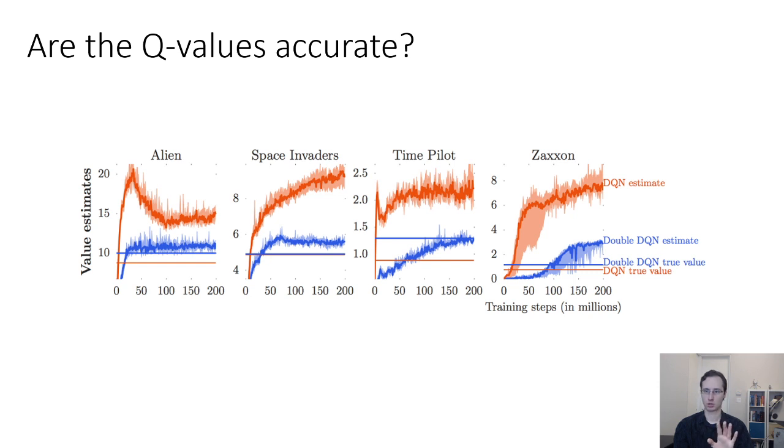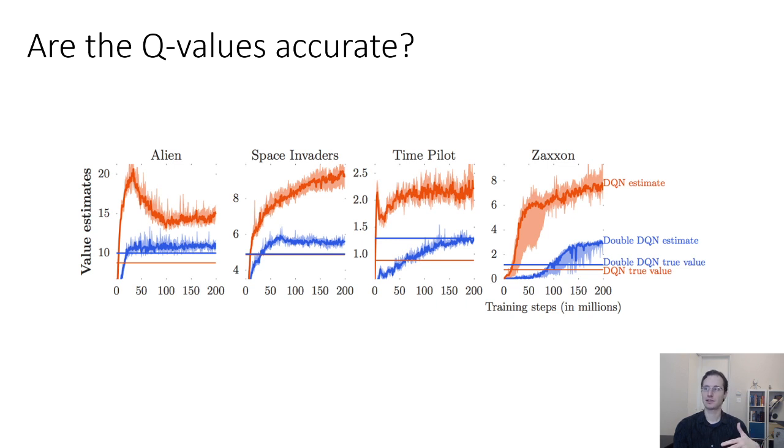So what these graphs are showing is basically exactly this. What you should look at is the red lines. The blue lines, don't worry about those, we'll talk about those later. But the red lines represent the following. The kind of spiky red line, the one that's usually higher, represents the estimate of your Q function. So this is what your Q function thinks the total discounted reward that you'll get will be.